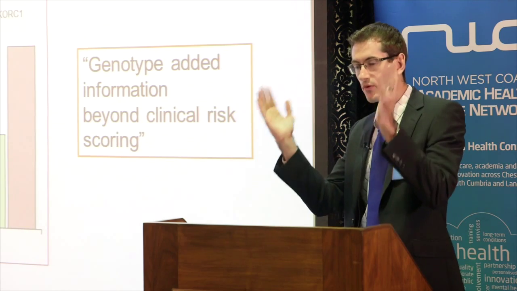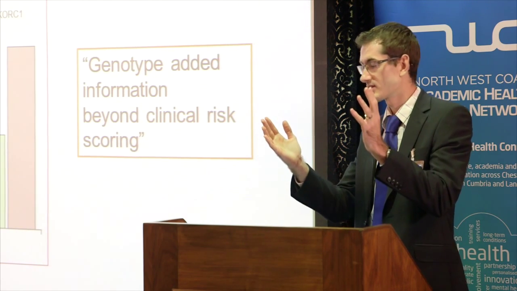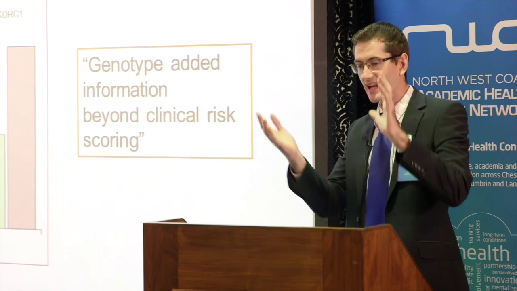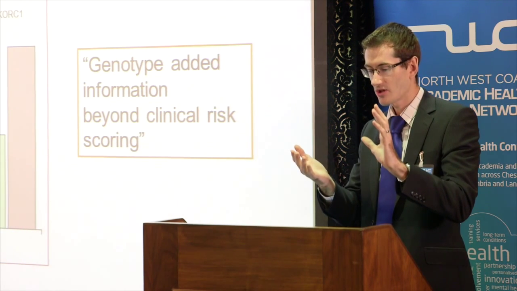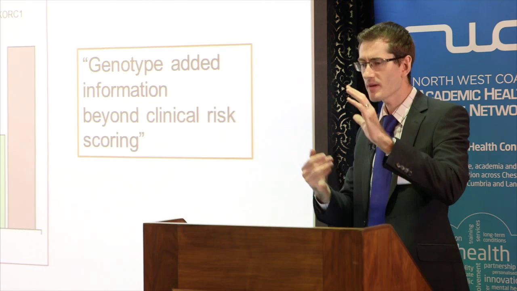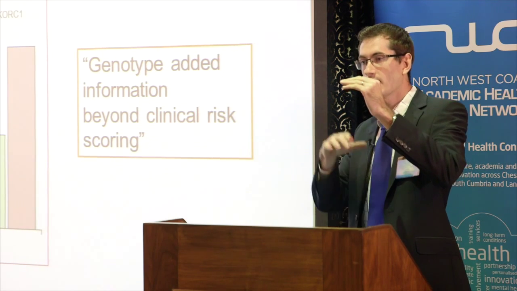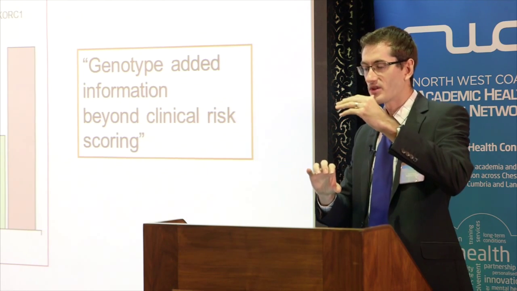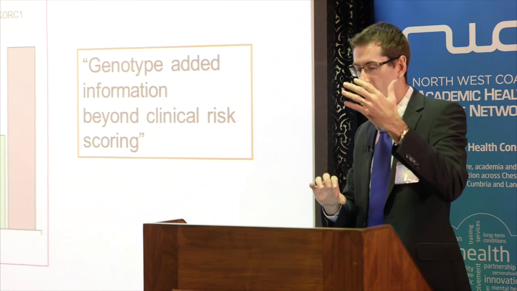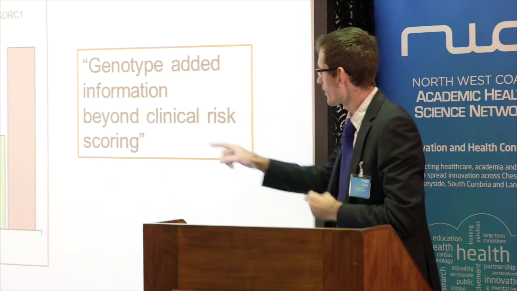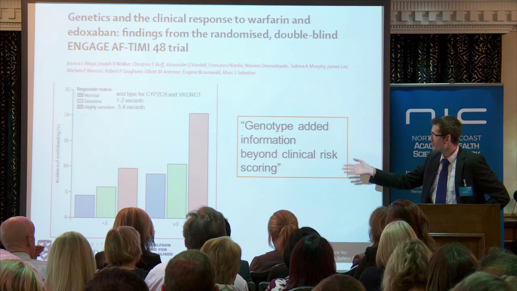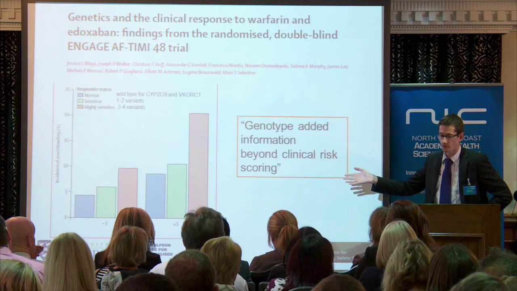They took 4,000 patients within this large randomized controlled trial of warfarin compared to edoxaban. In those 4,000 warfarin patients, they showed that it's those patients with multiple variants, compared to the warfarin patients who had no genetic variants, who were at a significantly increased risk of bleeding. And that bleeding risk, due to the genetic variants, added information beyond the HAS-BLED clinical score.